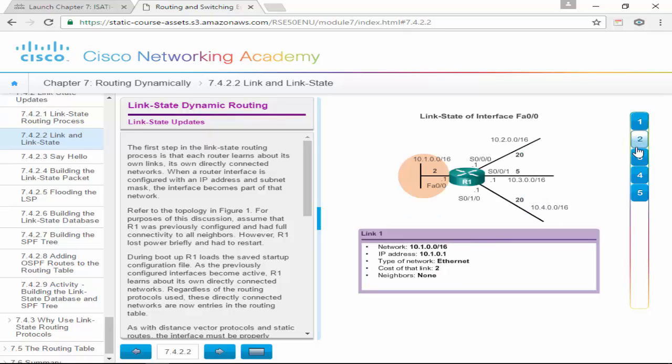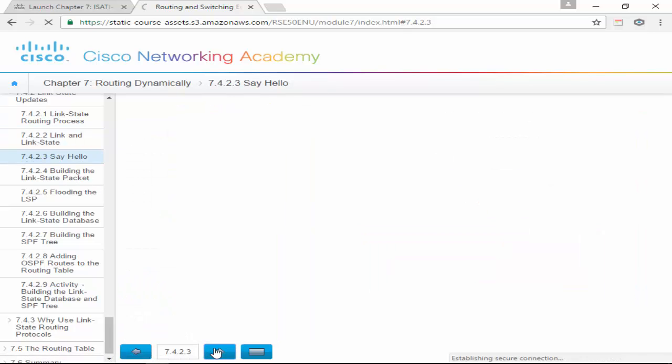The reason we call it link state is it only sends updates when a link goes up or down, right? So it advertises all of its stuff, but when it sends the actual changes, it's when a link goes down. And I think that's what they're saying there.